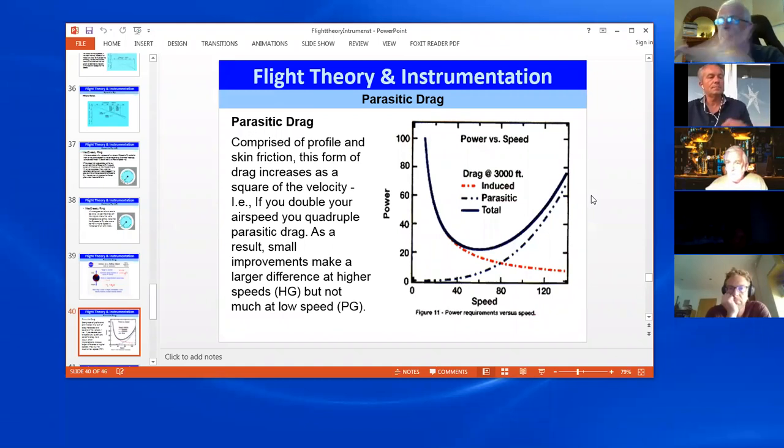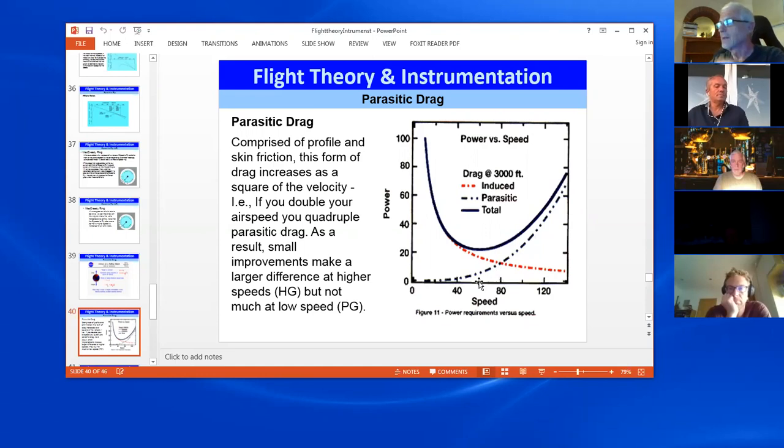It's why sailplanes will have really polished wing surfaces. They're trying to reduce the skin friction as much as possible, because they're traveling at 120 miles an hour. At those speeds, small changes in smoothness make a big difference. For paragliders, we're in this lower band.